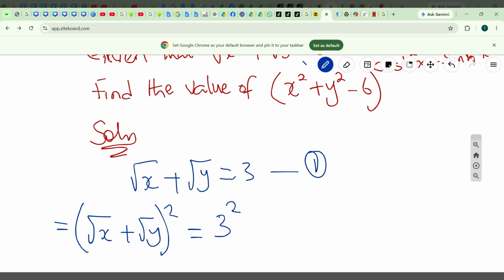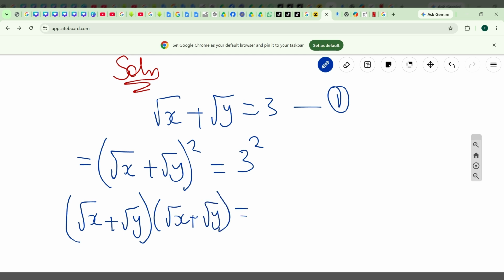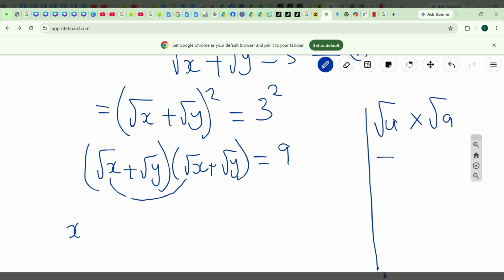And what does this simply mean? The square root of x plus the square root of y all squared is equal to 3 to the power of 2, which is 9. Square root of x multiplied by square root of x is x. Following the laws of surds, if you have square root of a multiplied by square root of a, it's equal to a.